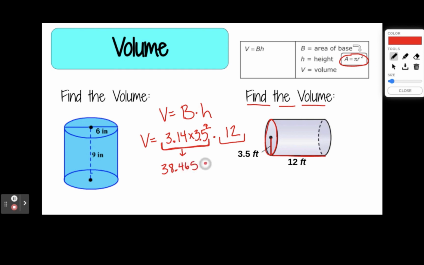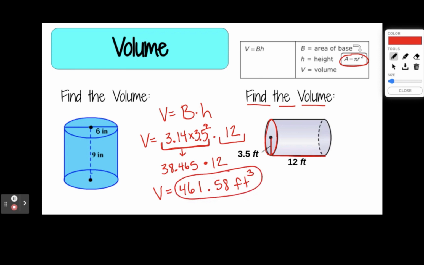But then I have to remember that I have to multiply that by the height. So now if I hit the times key, the times 12, the calculator will tell me the volume, and that's 461.58. And being that this is volume, we would have feet cubed. And this would be the volume of this second cylinder.